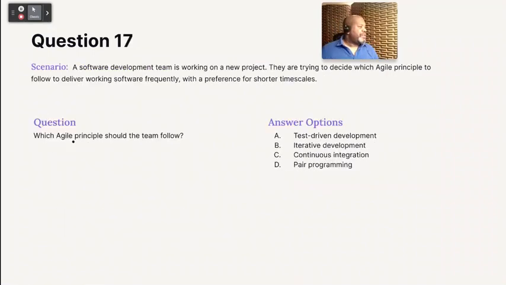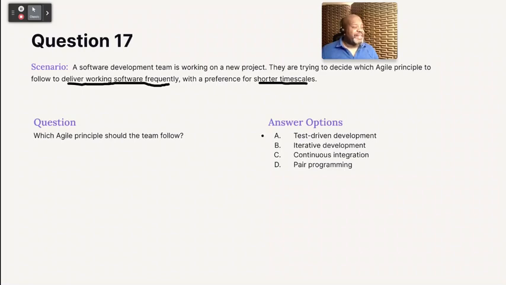Which agile principle? Okay, we need to find out what they are talking about. They are trying to decide which agile principle to follow to deliver working software frequently, with a preference for shorter timelines. Okay, they want to deliver working software frequently with shorter timelines. So, test-driven development.